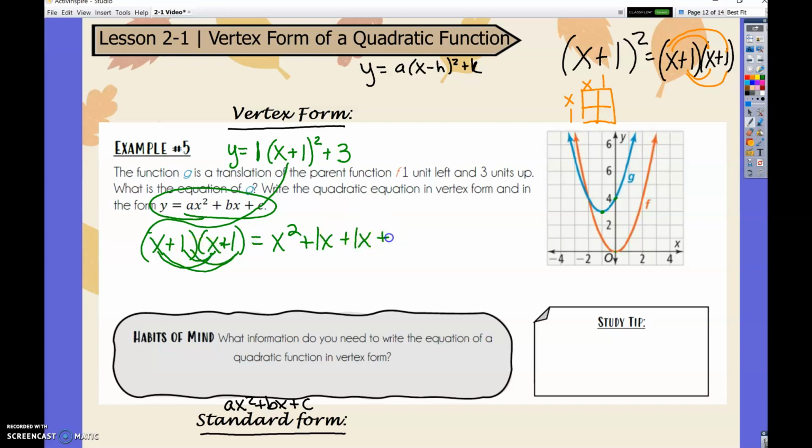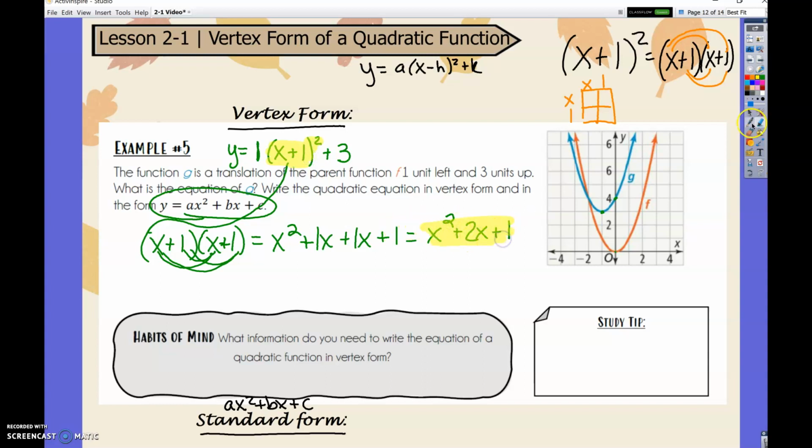And 1 times 1 is 1. If I multiply x plus 1 squared, I get x squared plus 2x plus 1. That is just the x plus 1 squared part. So this part right here, when I squared it, becomes this.